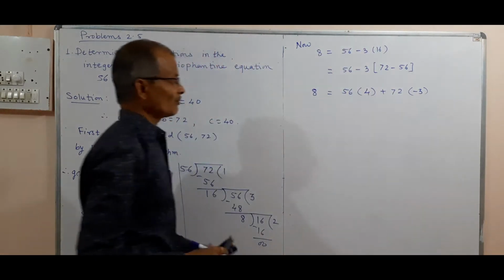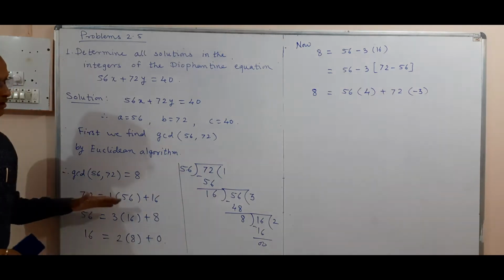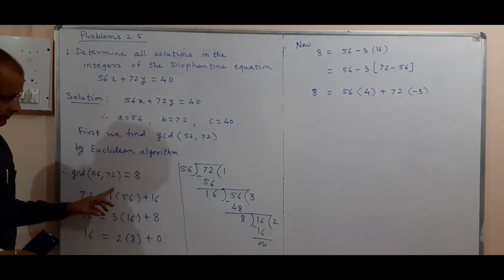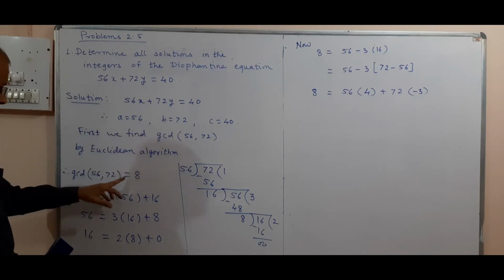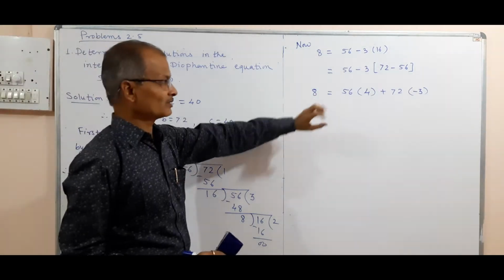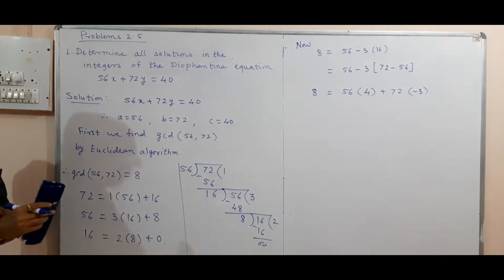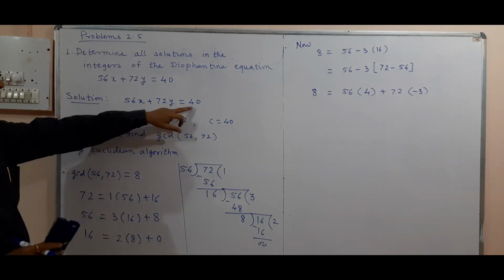So thus the steps of the Euclidean algorithm are necessary to solve a Diophantine equation. First find the GCD of these two numbers, and that is 8, and again express it in this form. Now we should check whether this GCD divides the right side number.